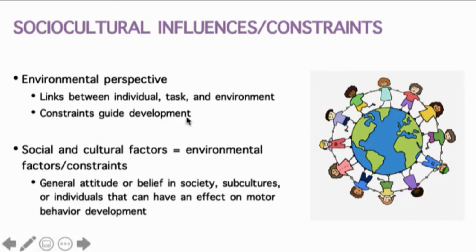We're either permitting a certain behavior or we're limiting a person to a certain behavior. So we've talked about some social and cultural factors, but generally what we say these represent are an attitude or belief of society or subcultures, or it could be an attitude of an individual, that have an effect on how a person develops their motor behavior.